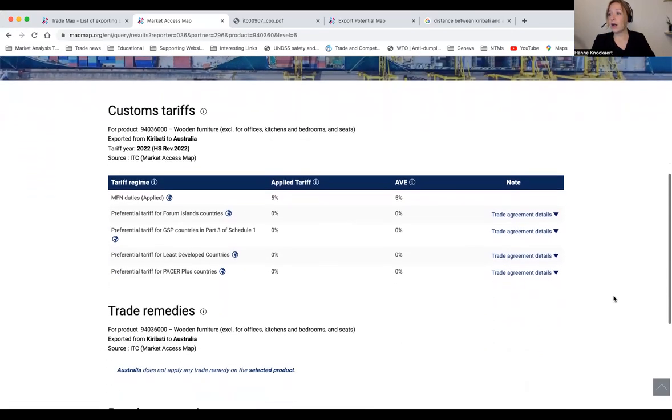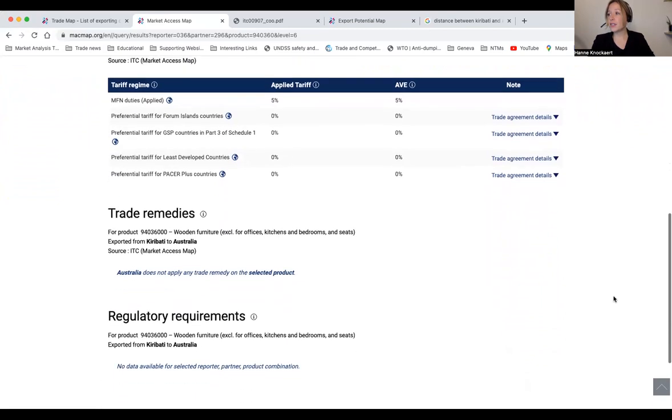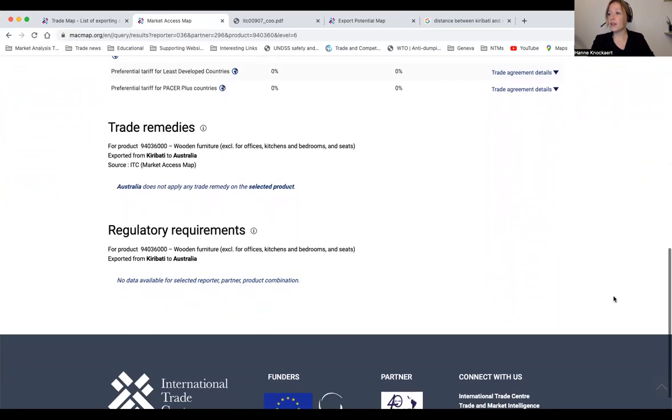So we see here all the different trade agreements, their tariff regimes. We see the trade remedies, if there are any. In this case, there's no trade remedies applied to our product in Australia. But here I see that there are no regulatory requirements listed here.